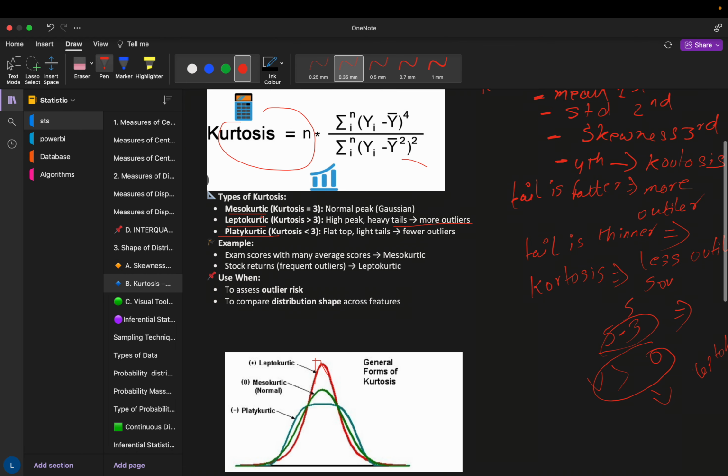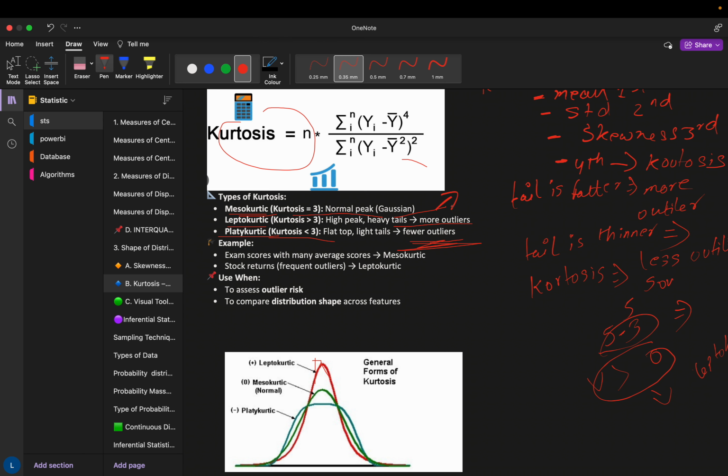Similarly, here we have platykurtic. When kurtosis is less than 3, it is known as flat. It normally has a thinner tail, which indicates fewer outliers, meaning there is less risk. All right, but speaking about mesokurtic, kurtosis has a value equal to 3.